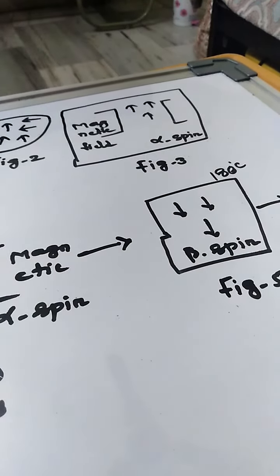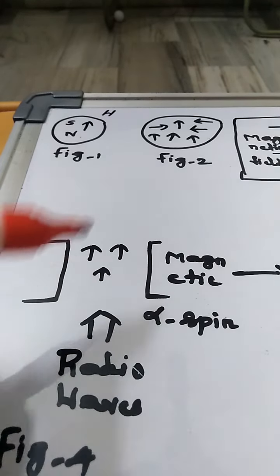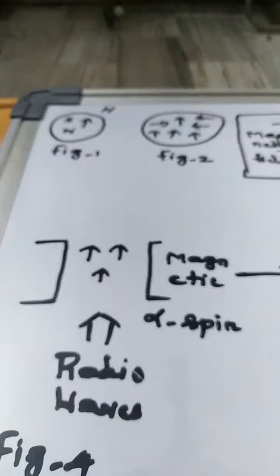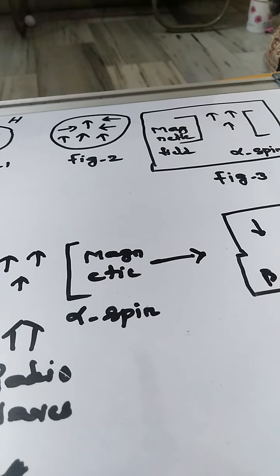Once we remove the externally applied radio wave energy from this system, the energy will be emitted from the beta spin state nucleus. The emitted energy will be recorded as a spectrum, or as a signal, and that is what we call the NMR signal.